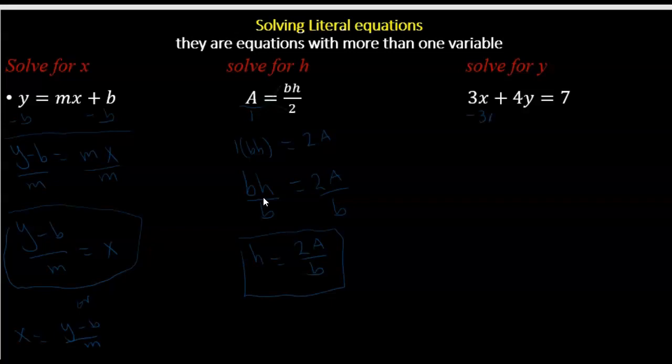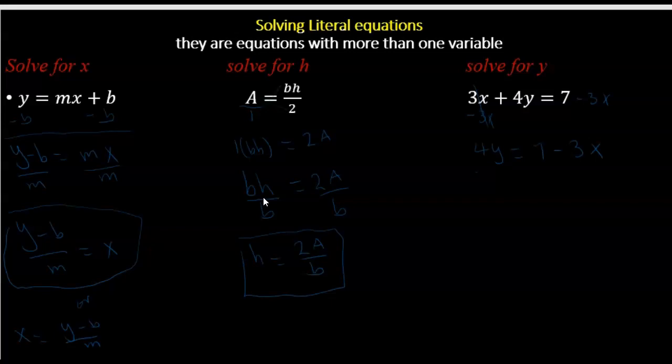Minus 3x and minus 3x. So that will be 0. So you have 4y equals 7 minus 3x. Now, we need to get rid of the 4. Since 4 is multiplied by y, we have to divide, because the inverse operation of multiplication is division.